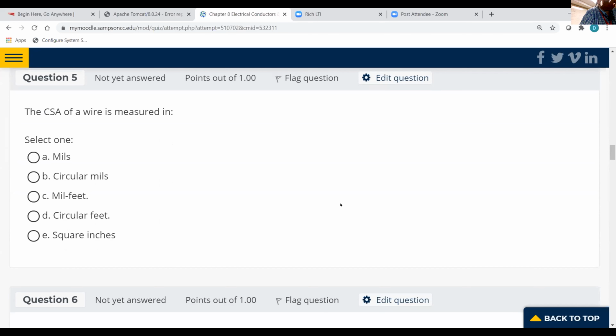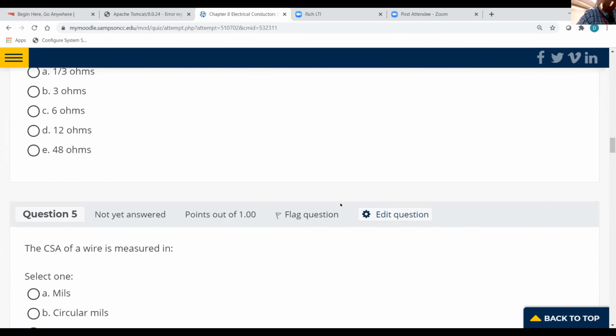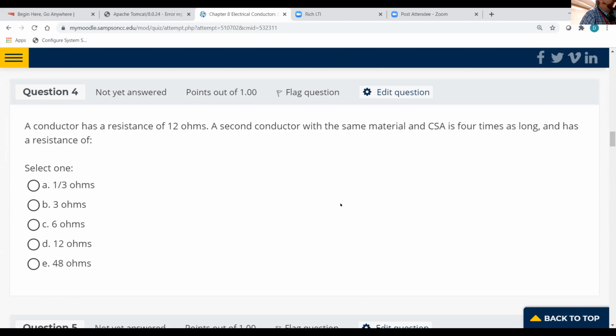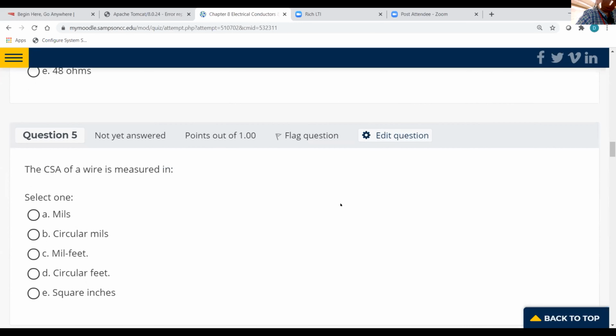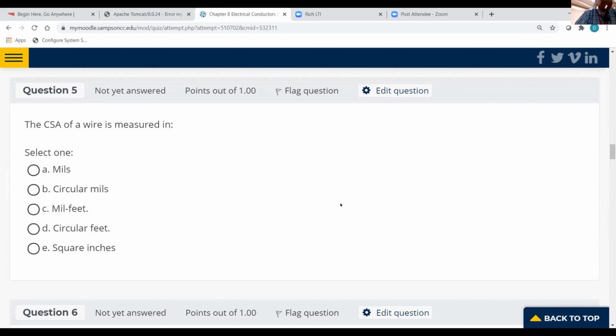That's very simple. Everybody okay with that one? What do you think number 4 would be? Right. Exactly. What about number 5? CSA is measured in what units?